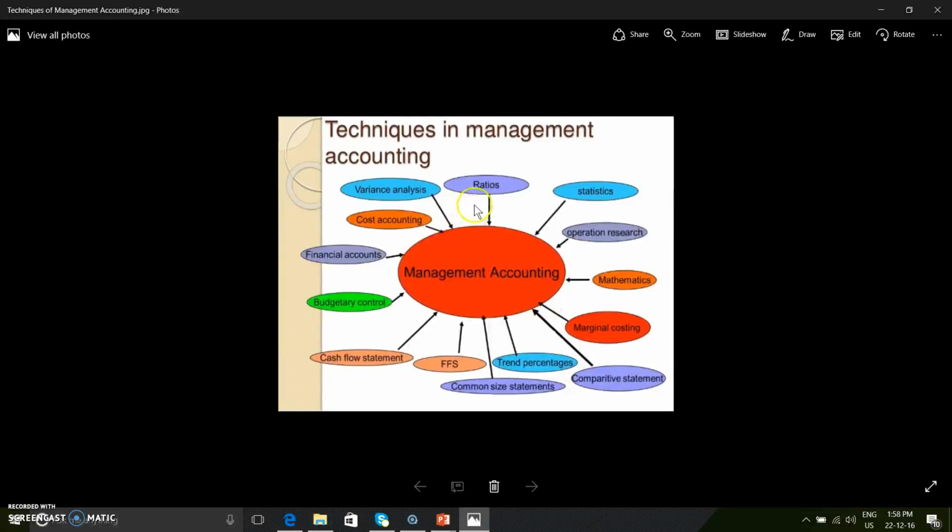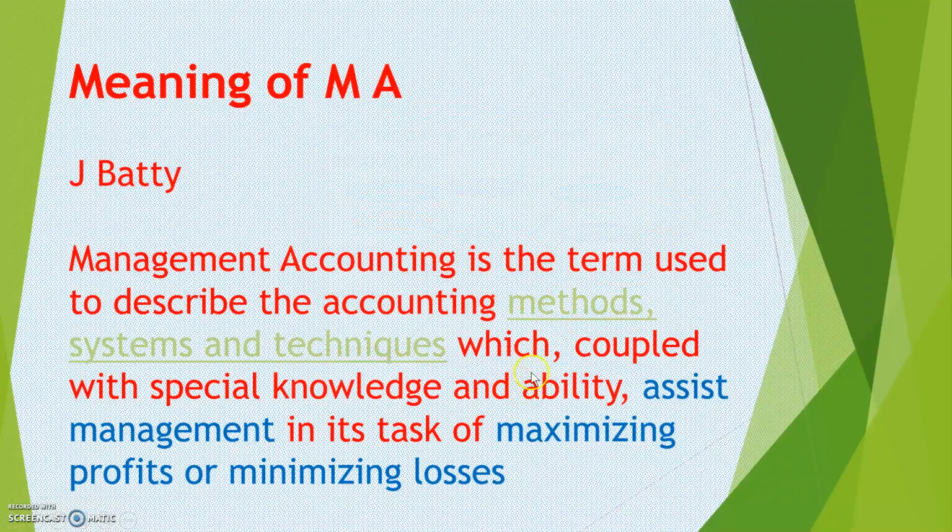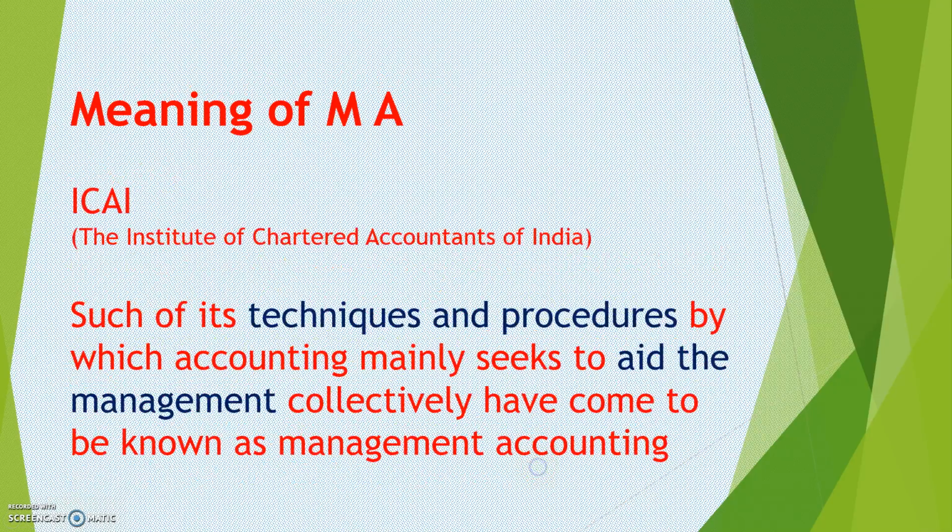So here you can see ratio analysis, statistics, operation research, mathematics, marginal costing, comparative statement, common size statement, trend percentage, fund flow statement, cash flow statement, budgetary control, financial accounts, cost accounting, variance analysis. So these are the techniques that are used by management accounting, and such techniques coupled with the knowledge and ability ultimately to assist the management is called management accounting as per Bhatti.